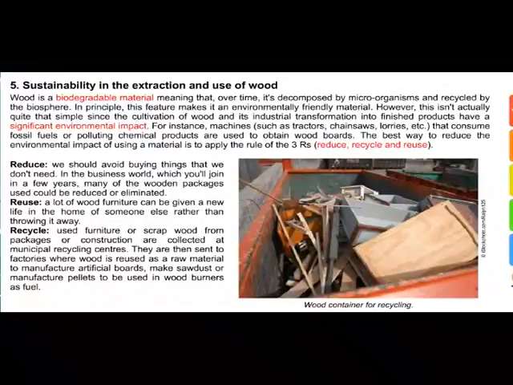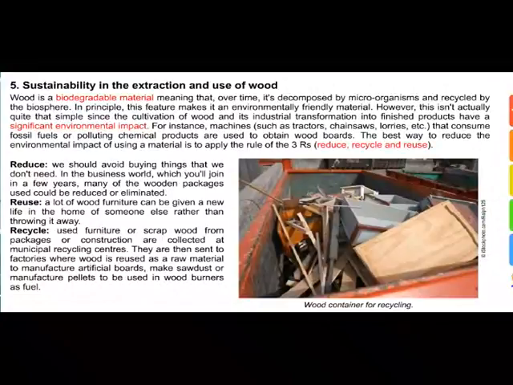However, this is actually not that simple, since the cultivation of wood and its industrial transformation into finished products have a significant environmental impact. For instance, machines such as tractors, chainsaws, and lorries that consume fossil fuels or polluting chemical products are used to obtain wood boards.